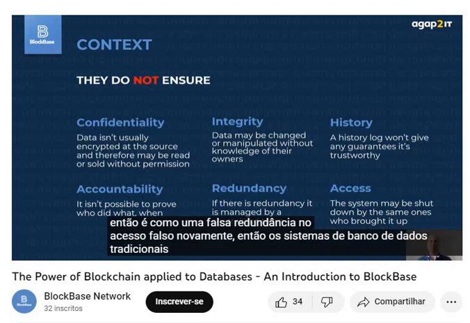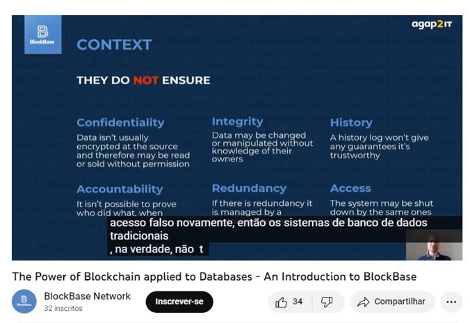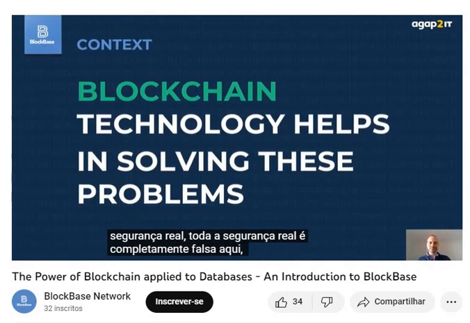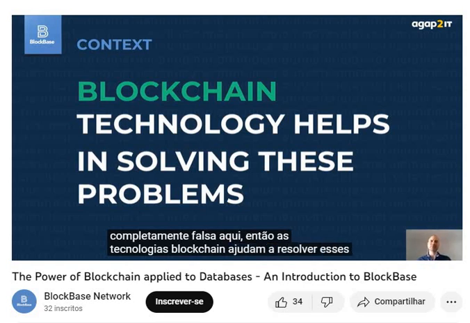So traditional database systems, in fact, don't ensure almost anything. It's just a place to store data, but it doesn't have real security. All the real security is completely fake here. So blockchain technologies help in solving these problems.